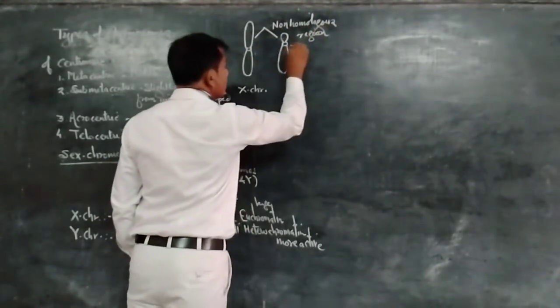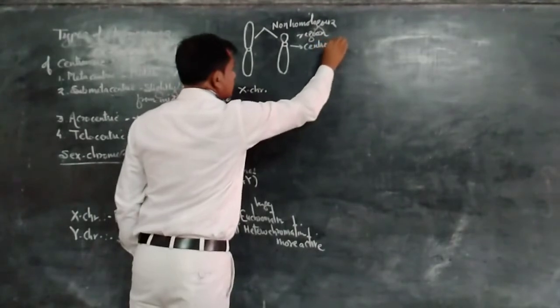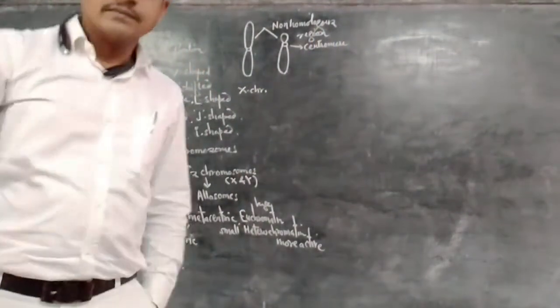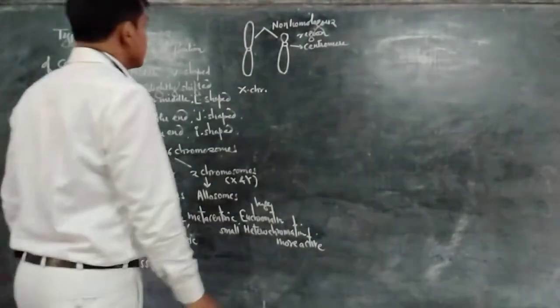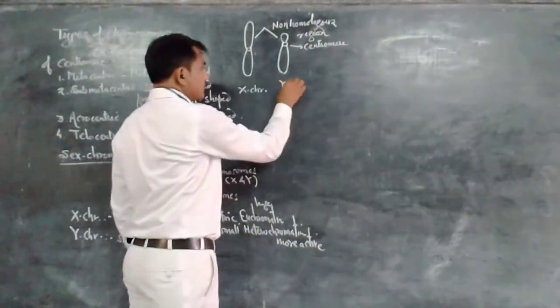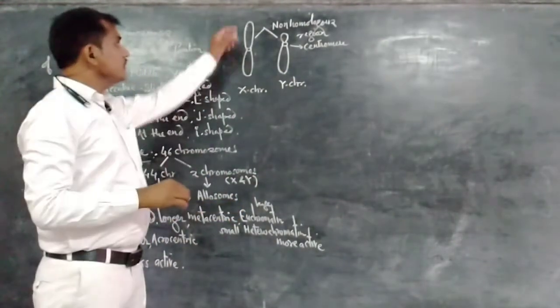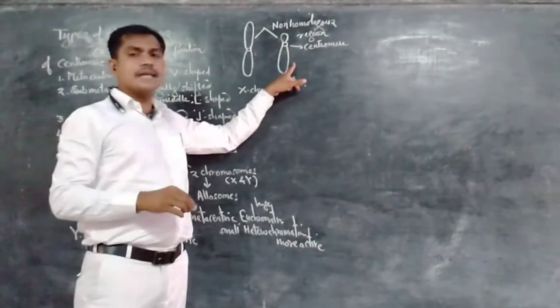These are centromeres. See here, this one is the X chromosome, this one is the Y chromosome. X chromosome is metacentric, while Y chromosome is acrocentric.